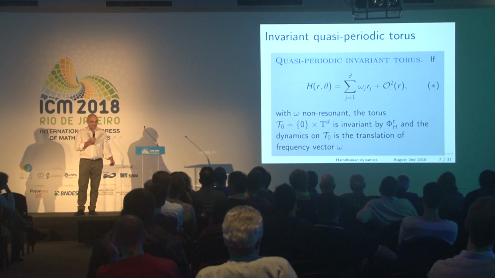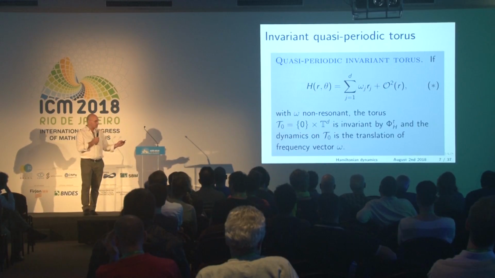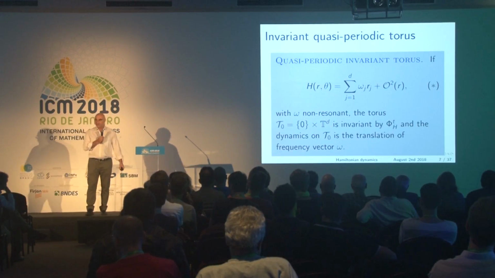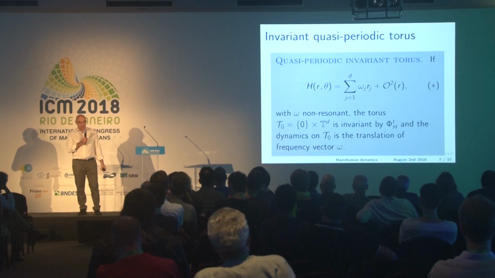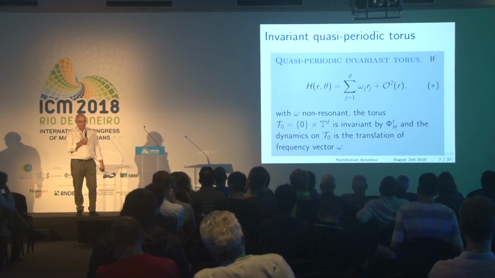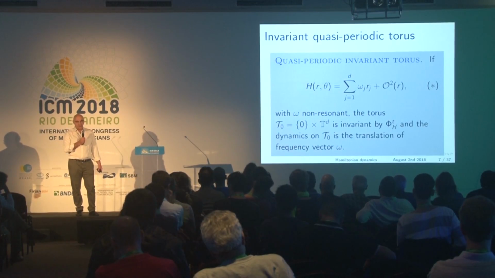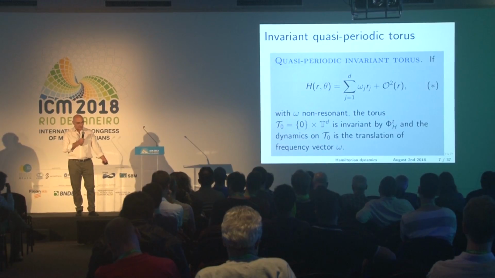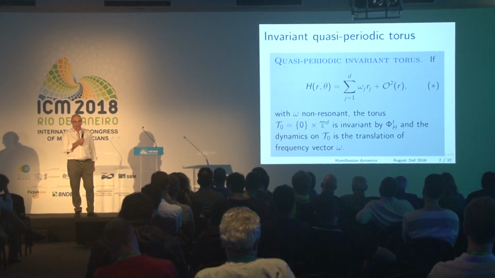In that case, the torus {0} times T^d is an invariant torus for the flow of the Hamiltonian, and the dynamics on this torus is a translation by frequency vector ω, or ωt. So the flow has frequency ω.